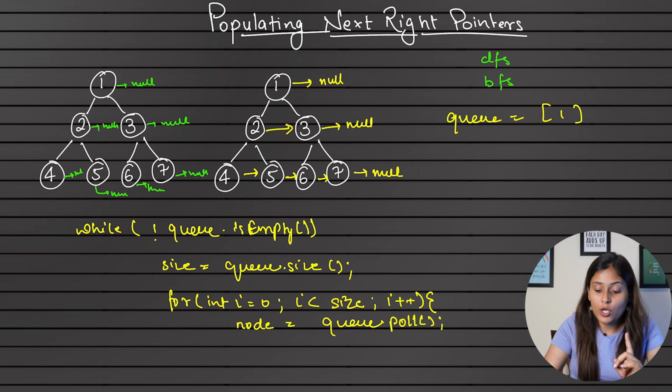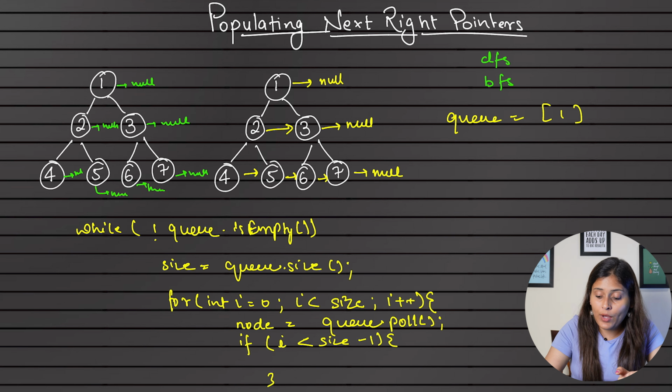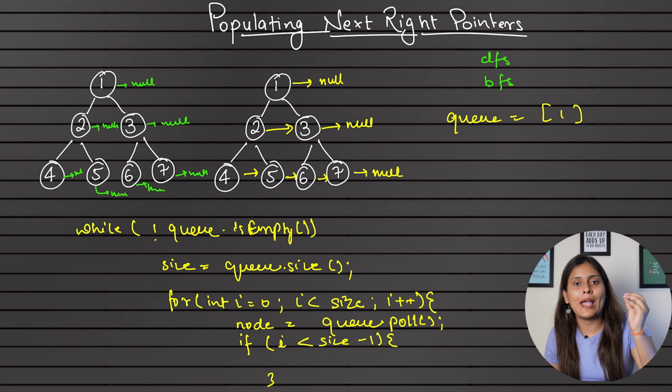So if I is less than, sorry, not equal to, if I is less than size minus 1, in this case it is not, correct? Because I is 0 and size was 1, 1 minus 1 is 0, so it is not less than, it is equal. So we will not connect its next to anything.